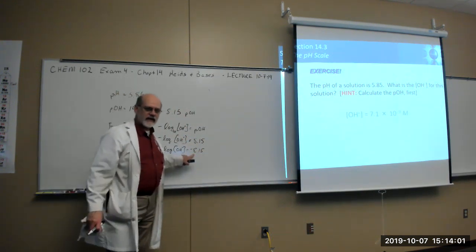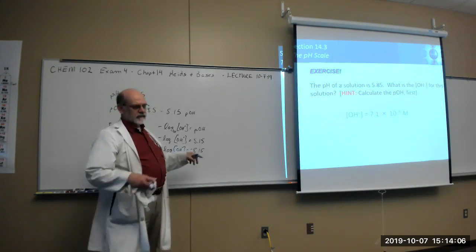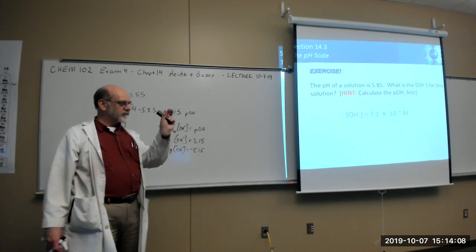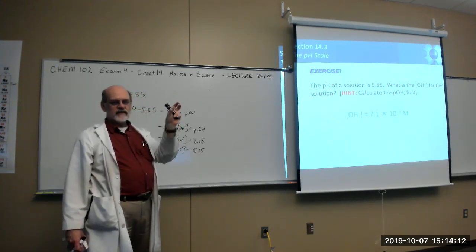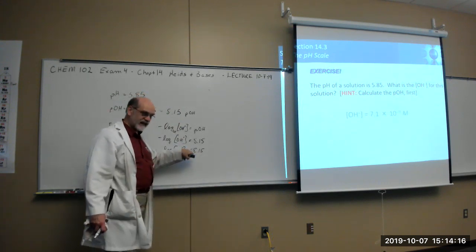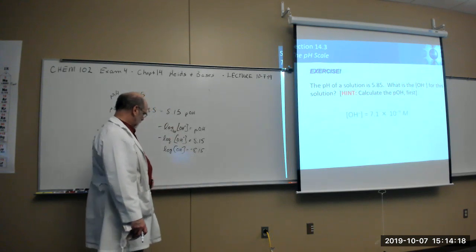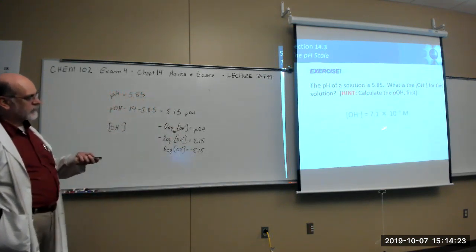And on your calculators, the anti-log is 10 to the power. Usually you'll have a log key, and then a function key above it will be 10 to the power. You just have to be sure and put that negative in there. And that'll give you the OH minus concentration, and there it is.